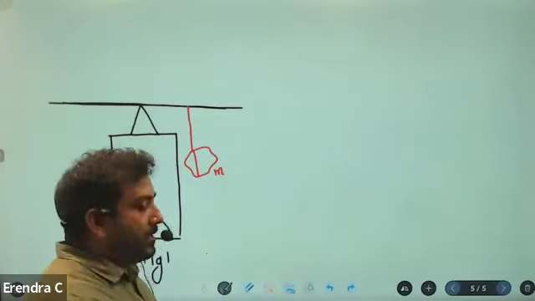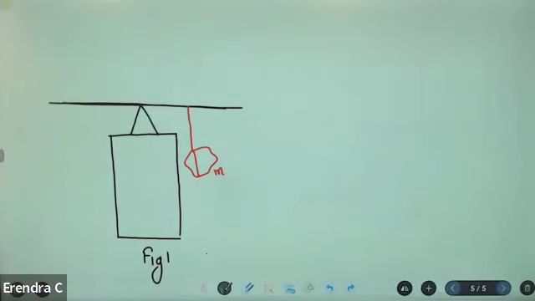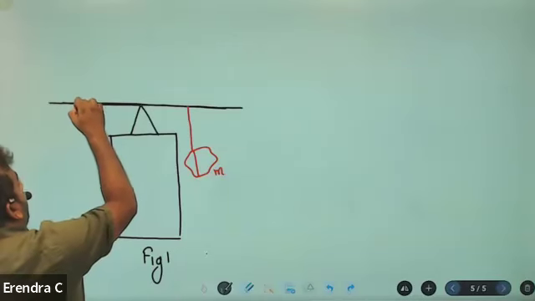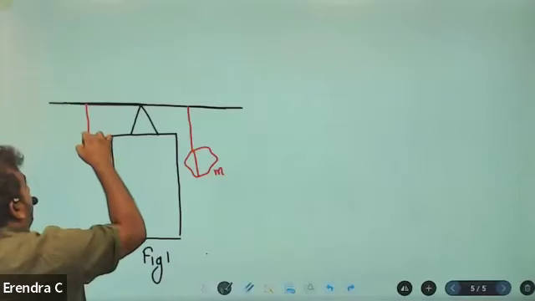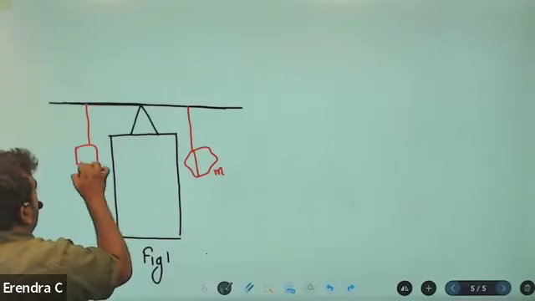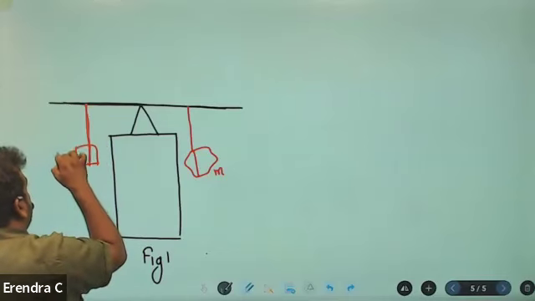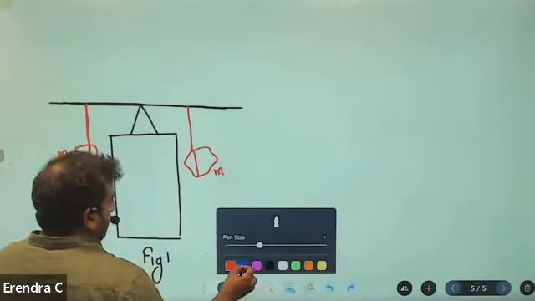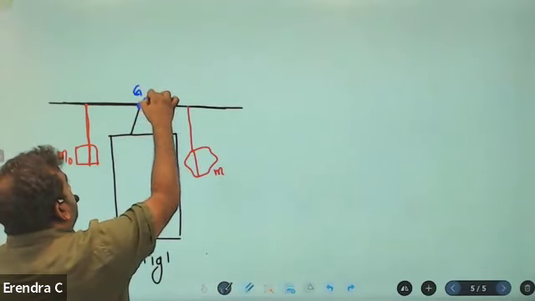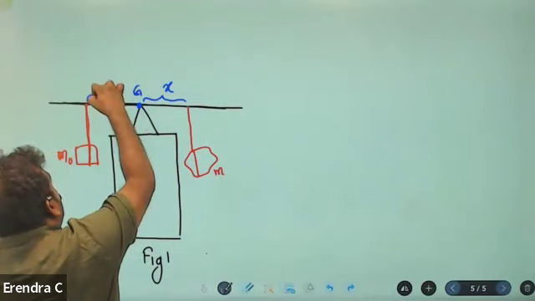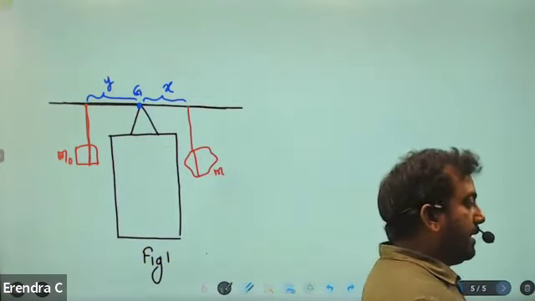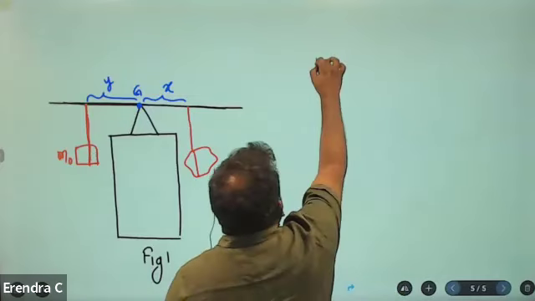Take a known weight, which is approximately equal to the unknown weight, and hang it on the opposite side of the knife edge until it is balanced at the same center of gravity.